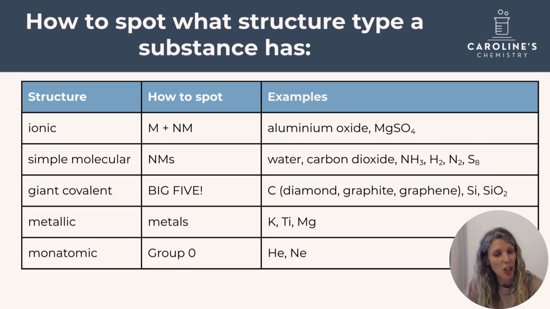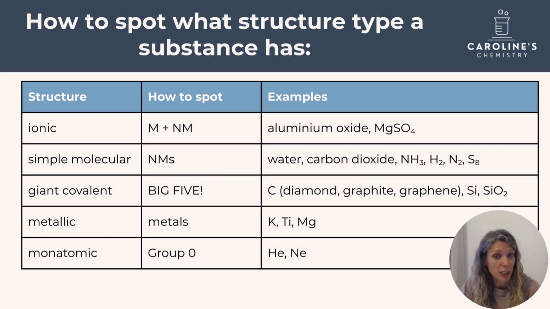Now let's look at giant covalent. In order to spot a giant covalent substance, you need to learn what I am calling the big 5. At GCSE, there are only these 5 substances that have a giant covalent structure. We just learn them so that we can recognize them when they come up. The first one is carbon.